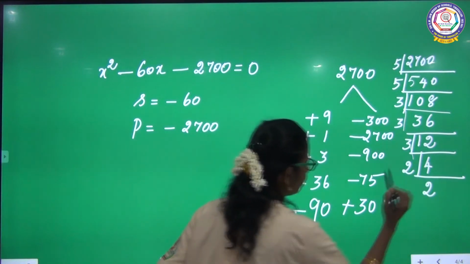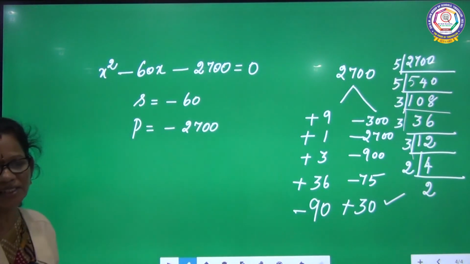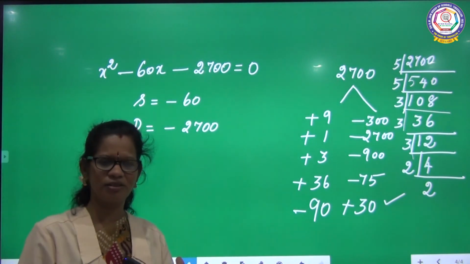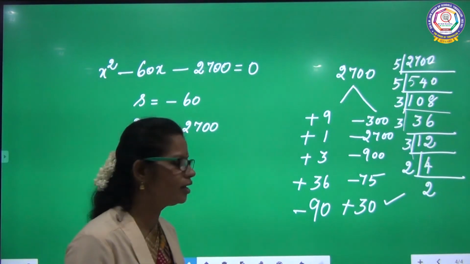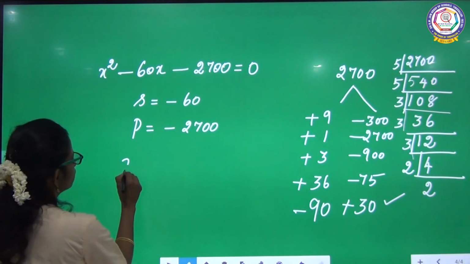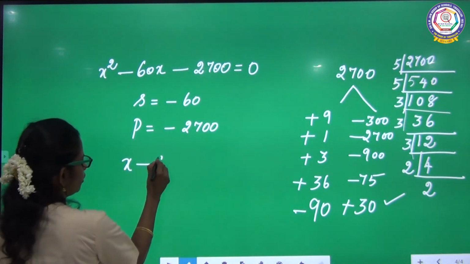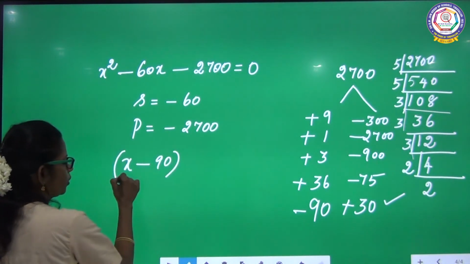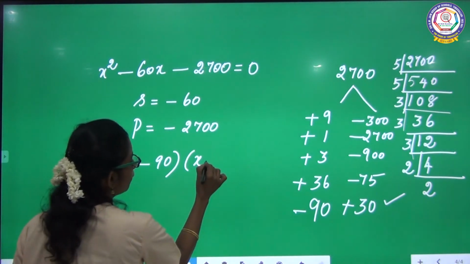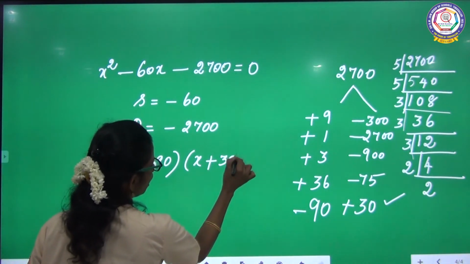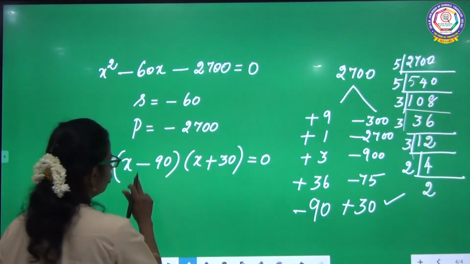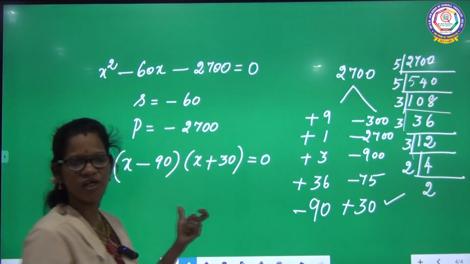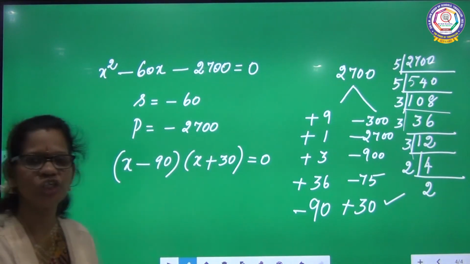Minus 90 plus 30, because we did so many sums, right? So x minus 90, x plus 30 equal to 0. You have to equate each and every term with 0.